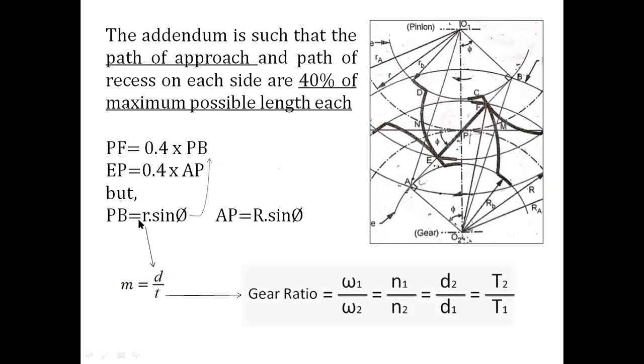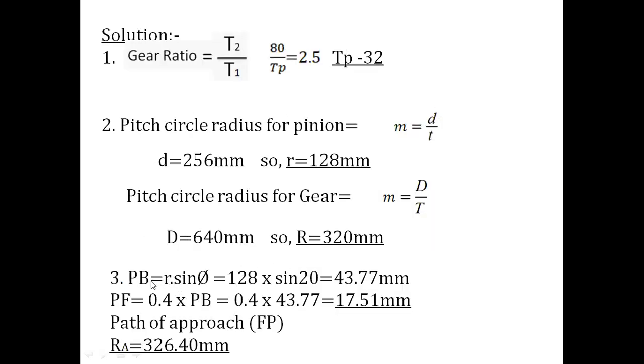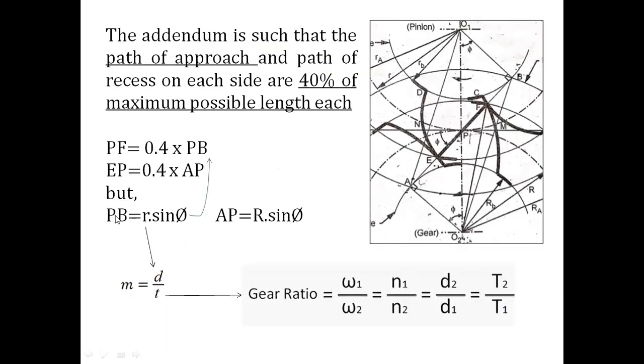Okay, now putting the value of small r in PB. Again putting the value in this formula, PB is equal to small r sin phi. Small r is 128, sin 20 is equal to 43.77. Okay, PB we receive here. That PB will fit in this equation to find out PF, which is the path of approach.